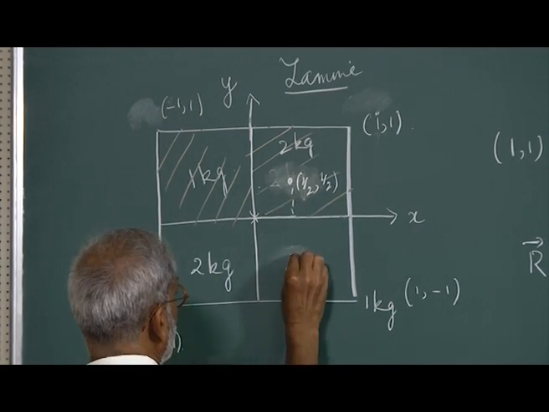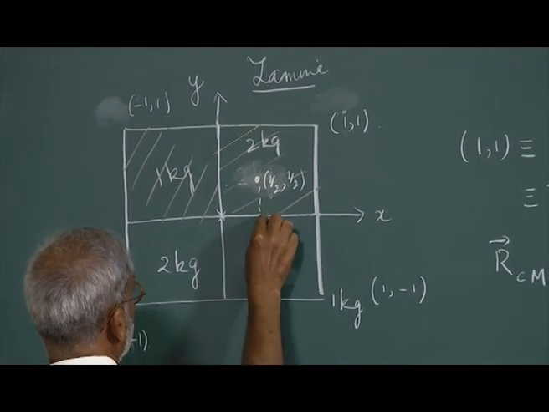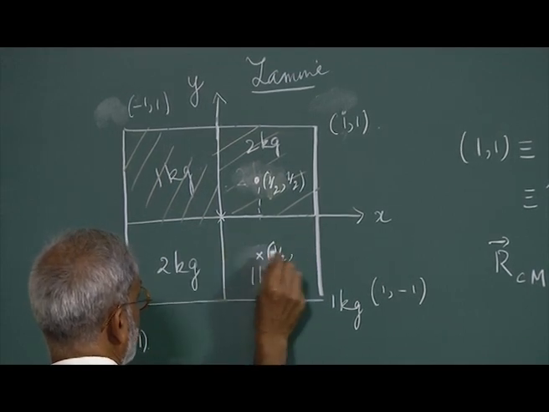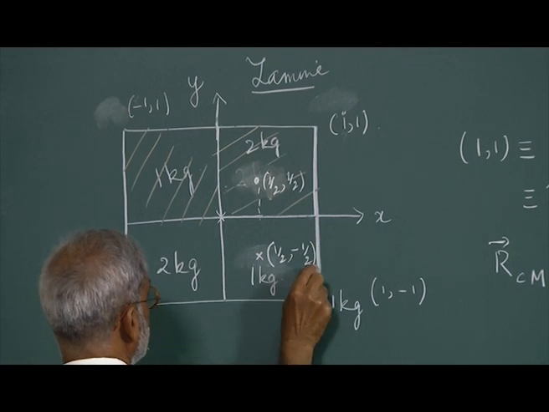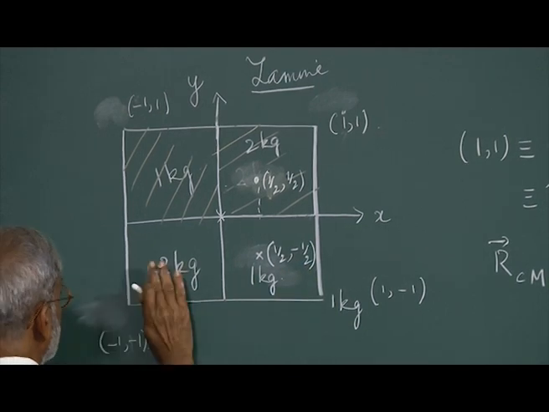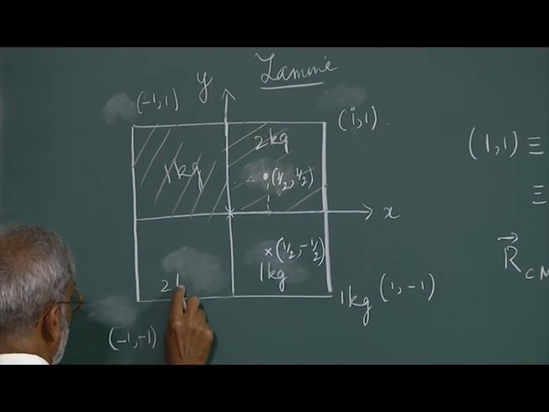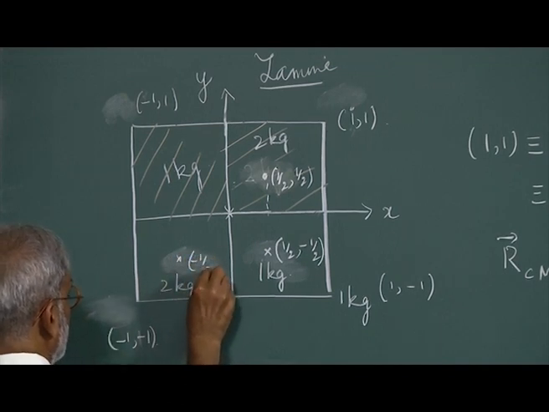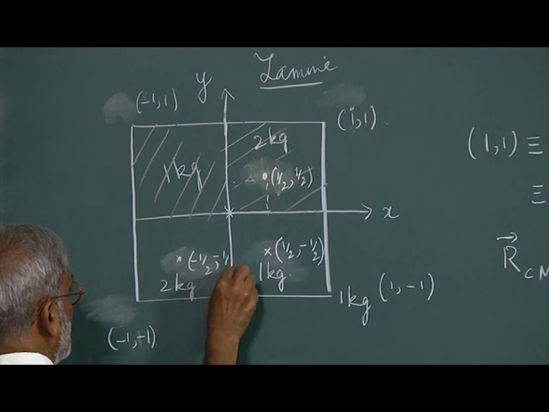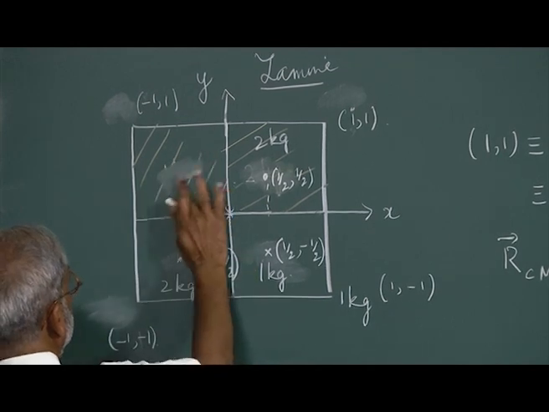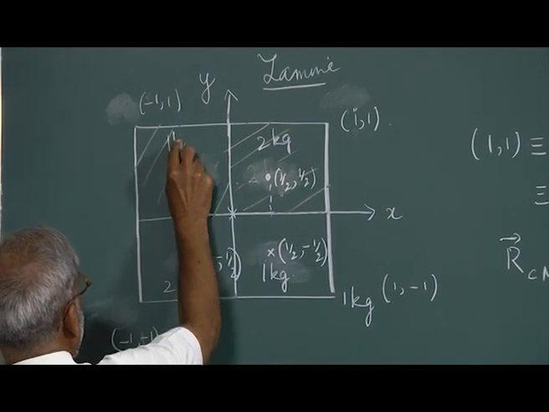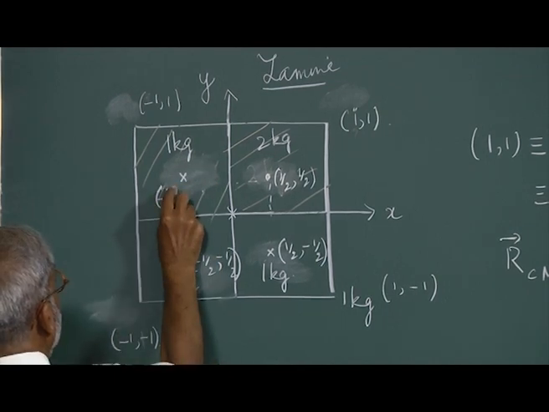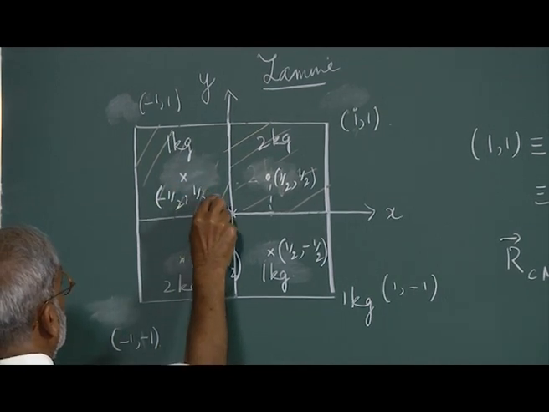Similarly, the center of mass of this portion would be, from here it is half, and if I drop here it will be minus half, right. So, let me write here it is 2 kilograms. The center of mass of this is minus half comma minus half, this is a 1 kilogram lamina, the center of mass would be minus half comma half.